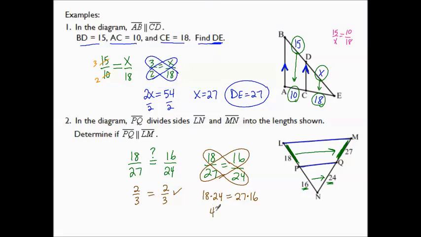So we see that both of these are 432. They're equal. Either way we choose to check it, it shows that the sides are divided proportionally. Therefore, determine if these lines are parallel. Yes, we will say PQ is parallel to LM.